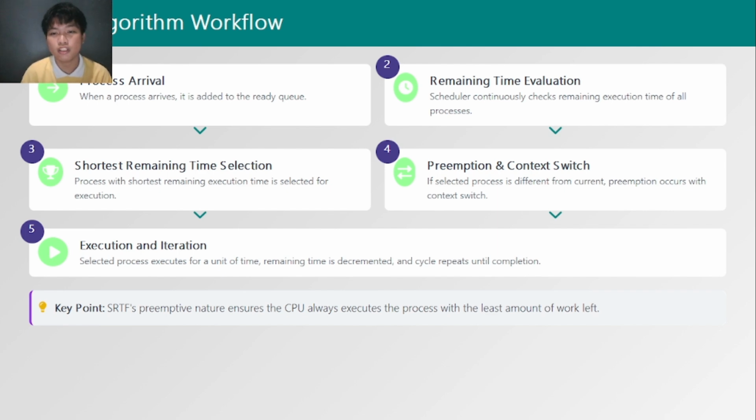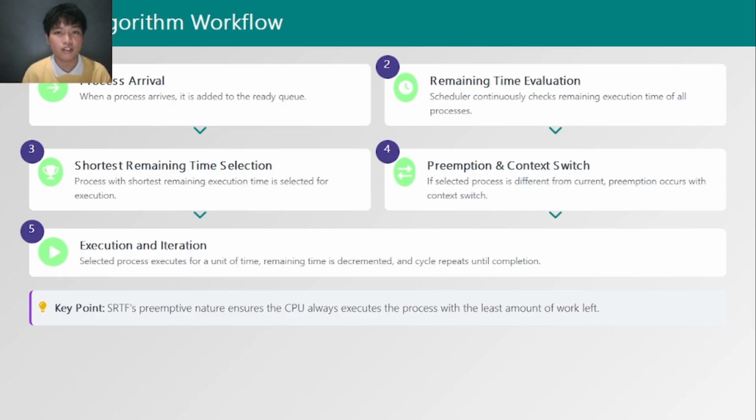The fourth is preemption and context switch. If it's a different process than the one running, a context switch automatically occurs. The last one is execution and iteration. The process executes and its remaining time is decremented, and the cycle repeats until the tasks are finished.